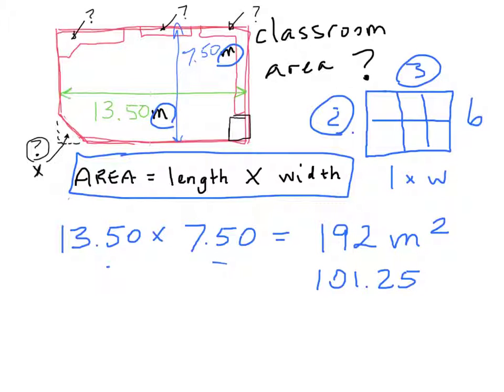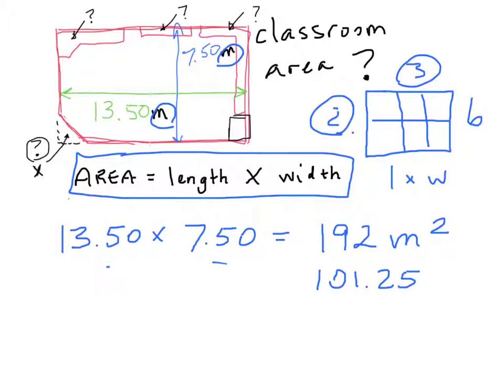If I were to estimate this, 13.5 is pretty close to 13 times 8. I know that 10 times 8 is 80, and 3 times 8 is 24. I add those two numbers, that's about 104.